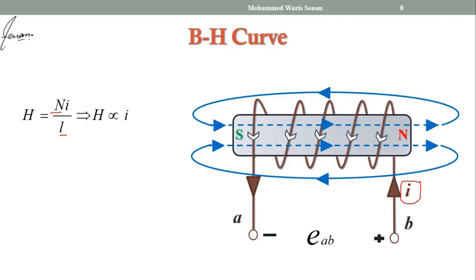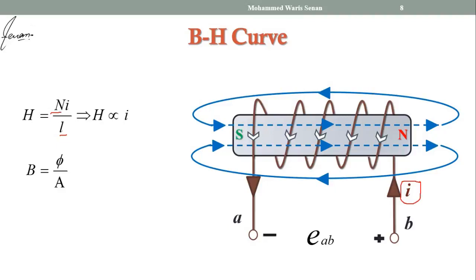Now due to the applied magnetic field, the magnetic dipole moments of the material try to align themselves in the direction of the applied magnetic field. So the material will develop its own magnetic field, and that is called magnetic flux density, which is the ratio of magnetic flux divided by area of cross section.